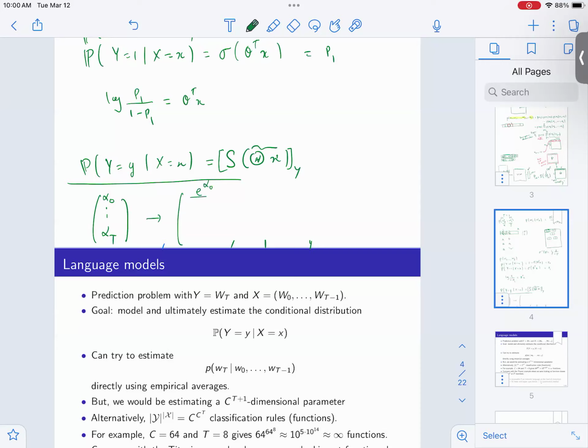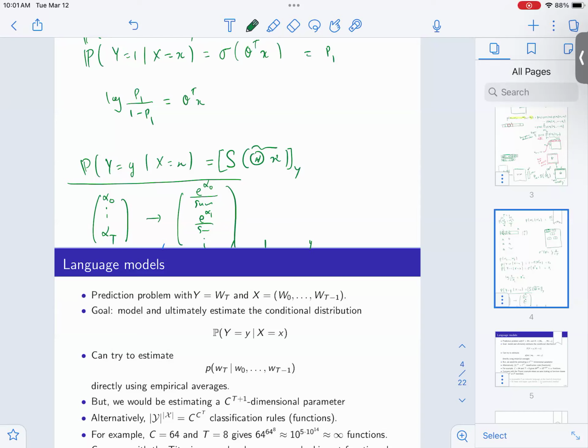You form e to the alpha 0 divided by the sum of every element, and then e to the alpha 1 divided by the sum, and so on. This is going to be a probability vector. Whatever is in the exponent, we call the logit. It's sort of like the inverse of the softmax, but softmax is not really invertible.